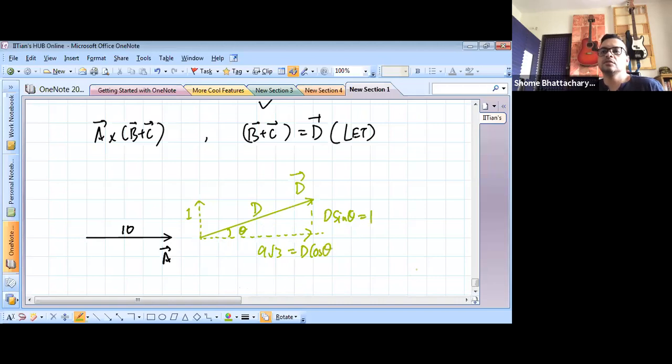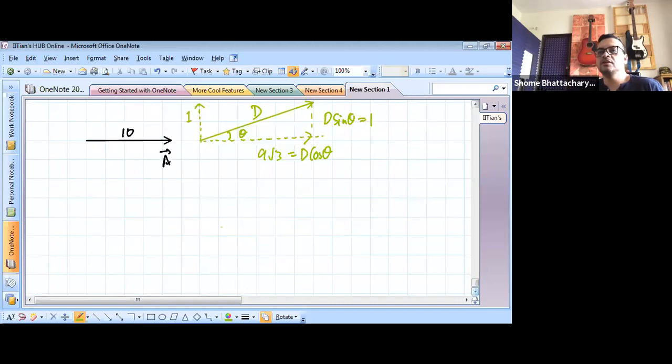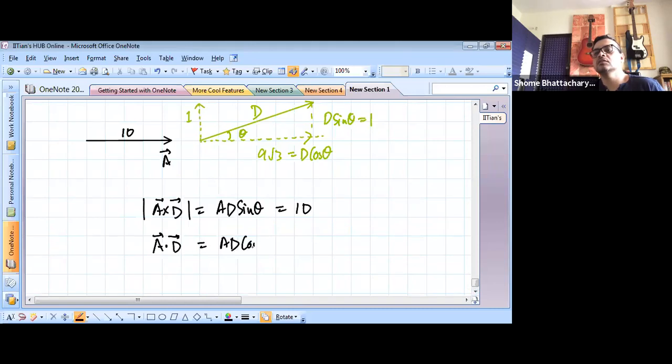Okay. So for example, now I want to find mod of A cross D. That is how much? It is AD sine theta. So that will be how much? 10. Whereas for example, if I want to find A dot D, it is how much? AD cos theta. It is 90 root 3. So in other words, mod of A cross B plus C is becoming 10.